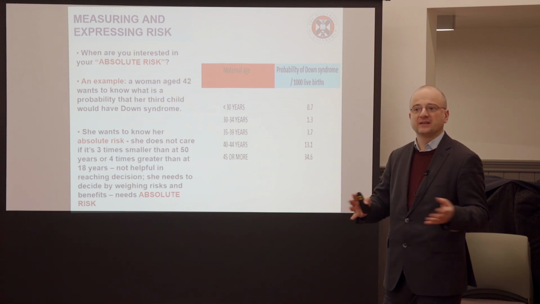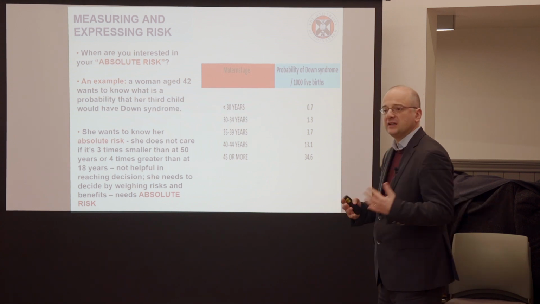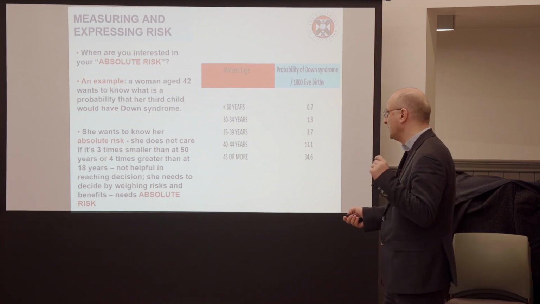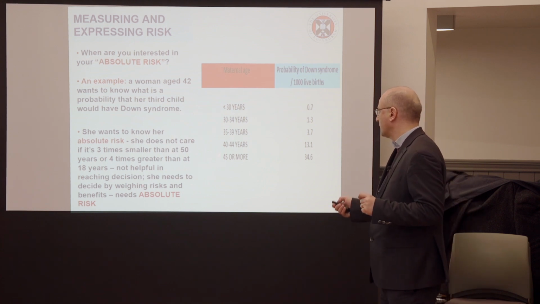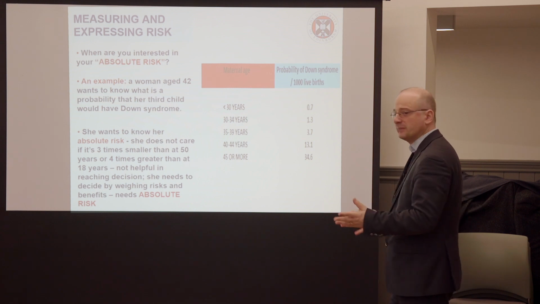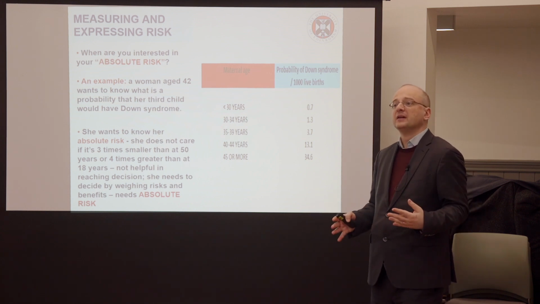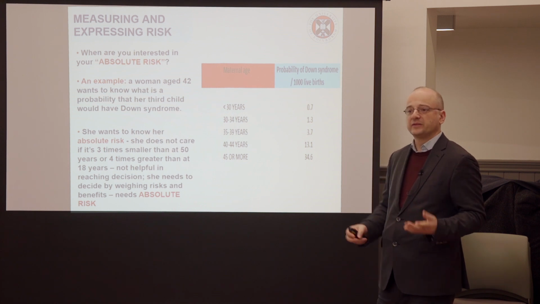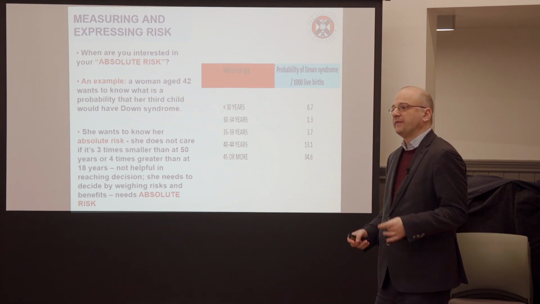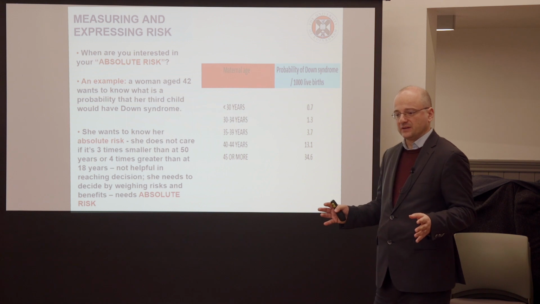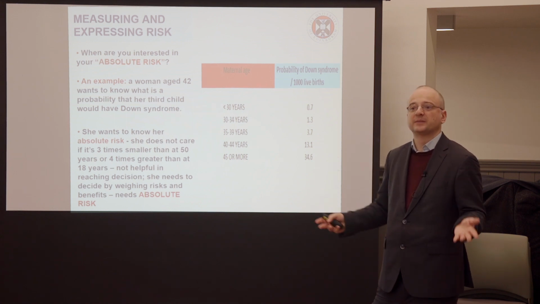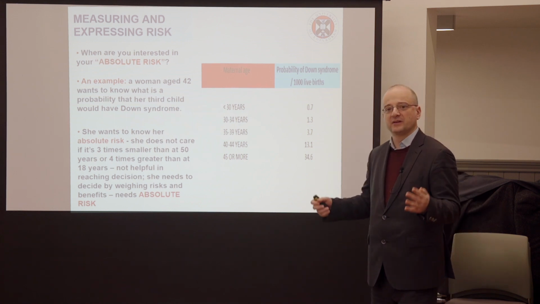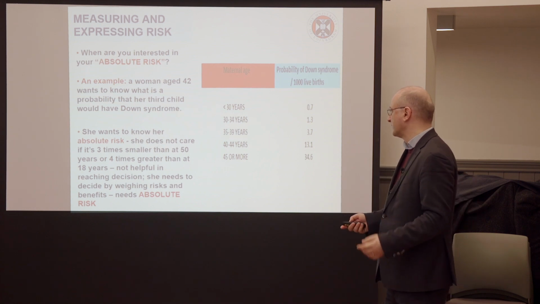That's not helpful, that's relative, but you don't need that to reach your decision. You want to know the absolute risk. So what is the absolute risk that something bad will happen if I do something? If I invest in this stock, what is the absolute risk that I'm going to lose all my money? If I sit on some roller coaster, what is the absolute risk that we're all going to fall out of it, and so on.